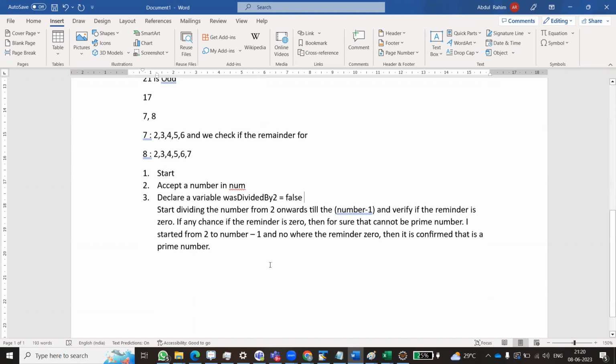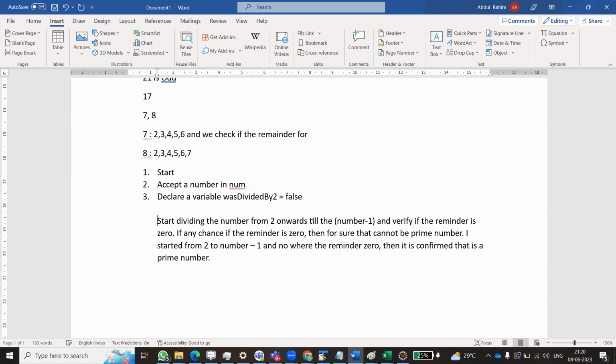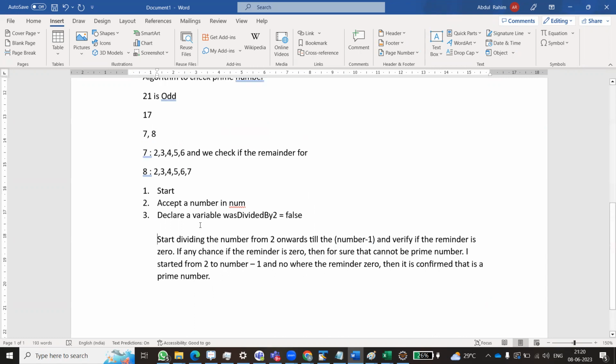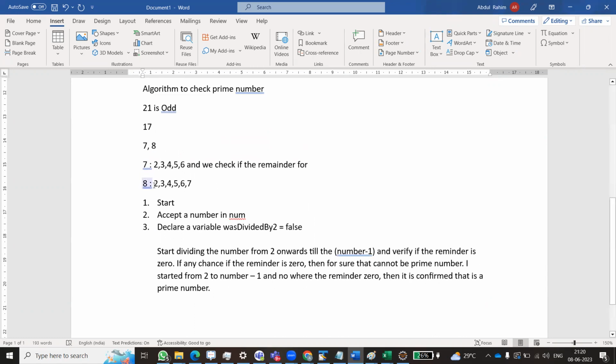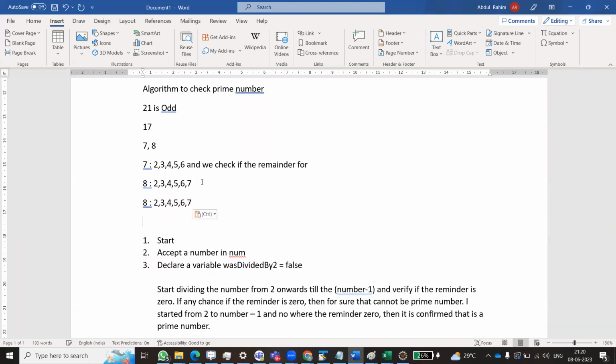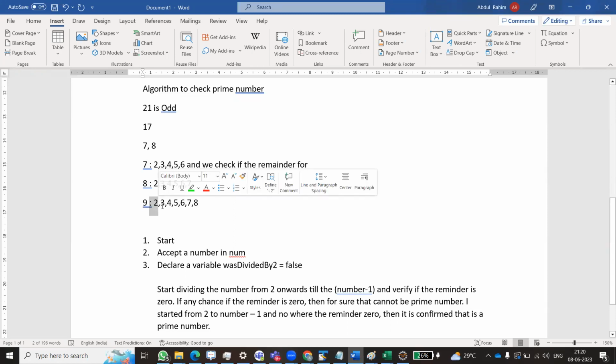See here, if you look at the problem, you cannot always assume, say for example, 9. If this is a case of 9, where do we start from? 2. We'll go till what? 8, right? So the very first case, it may not pass. But the second case, it will be divided and it will be 0.